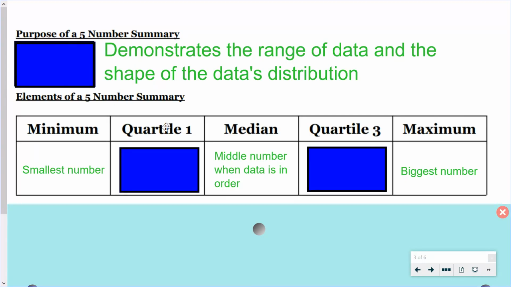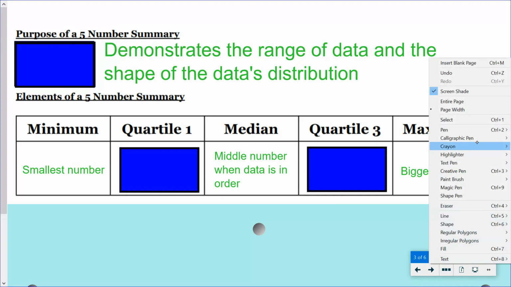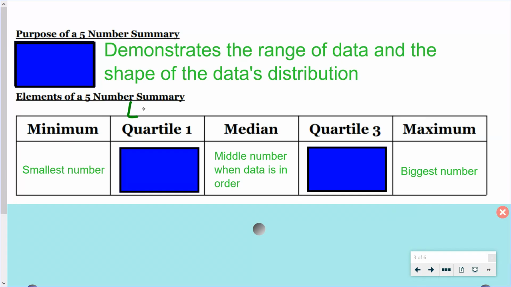Now our quartile 1 and quartile 3 sometimes get another name, and that would be called the lower or the upper quartile. So you might also see it saying lower quartile and upper quartile.